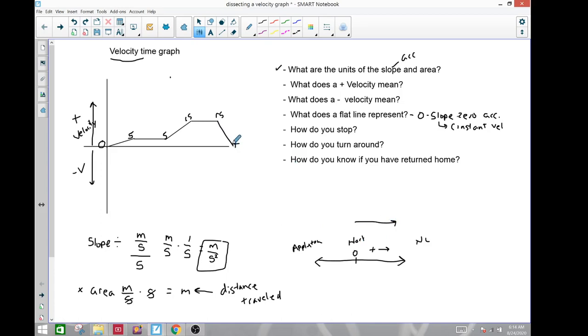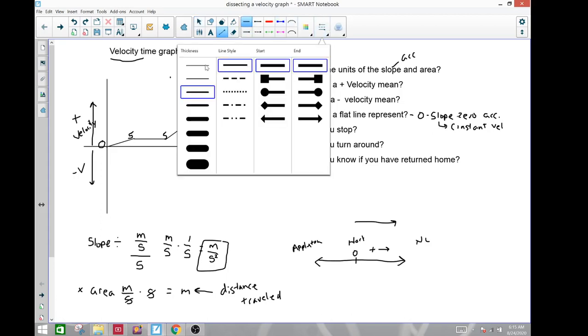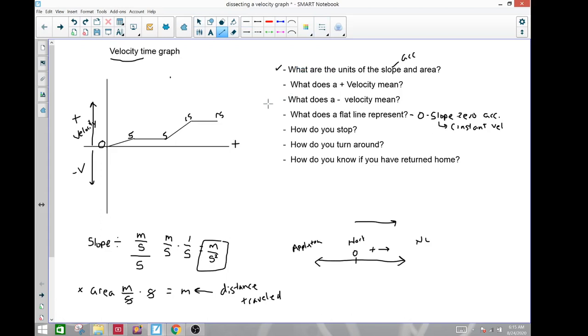How do we turn around? Before you can turn around on a linear line, typically you need to stop first. So let's stop.